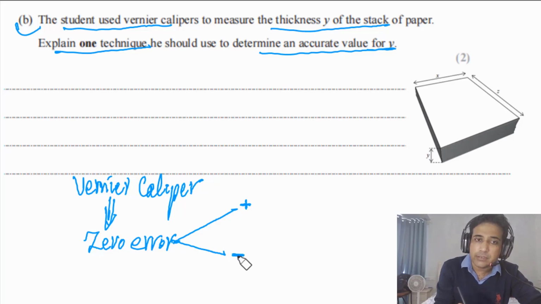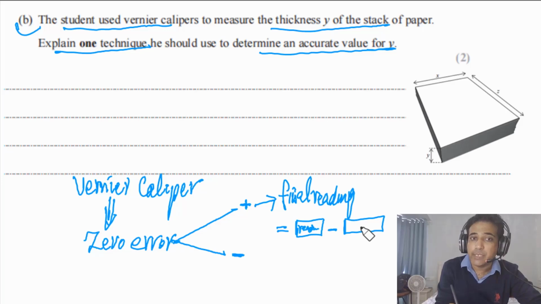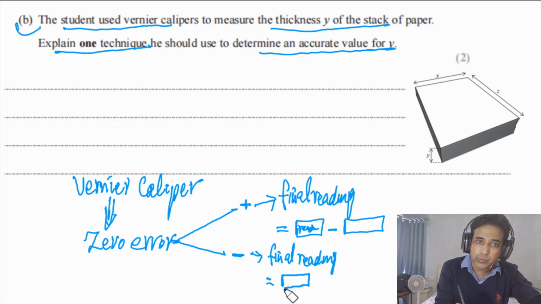If the zero error is negative, then for the final reading, meaning the actual reading, we have to add the zero error. This will be equal to the reading from the instrument plus zero error.